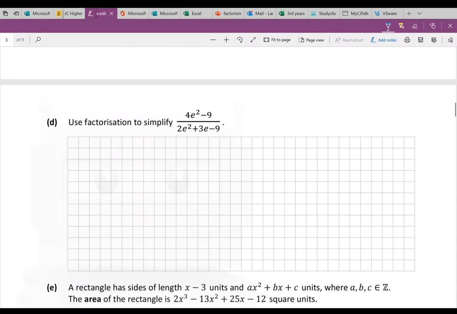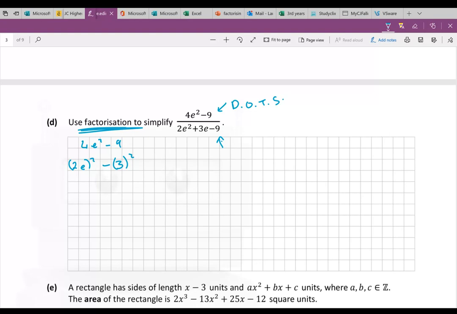Right, use factorization to simplify. So factorization means I have to factorize the top and then I have to factorize the bottom. Now the top's nice and easy. That's our difference of two squares. So 4e squared minus 9 can be separated into 2e squared minus 3 squared.